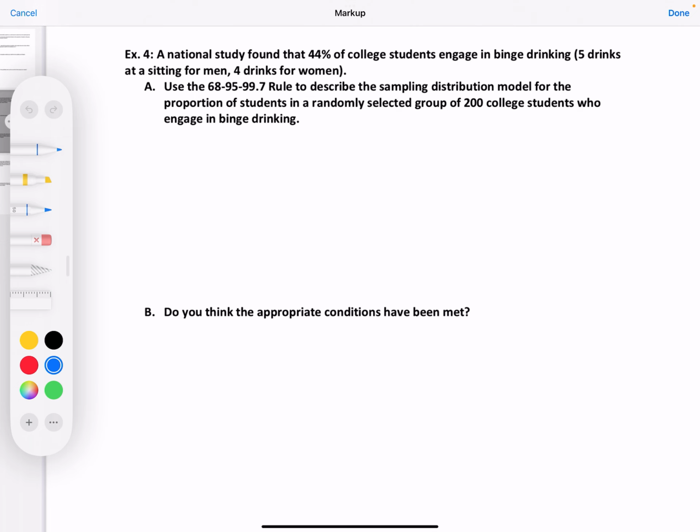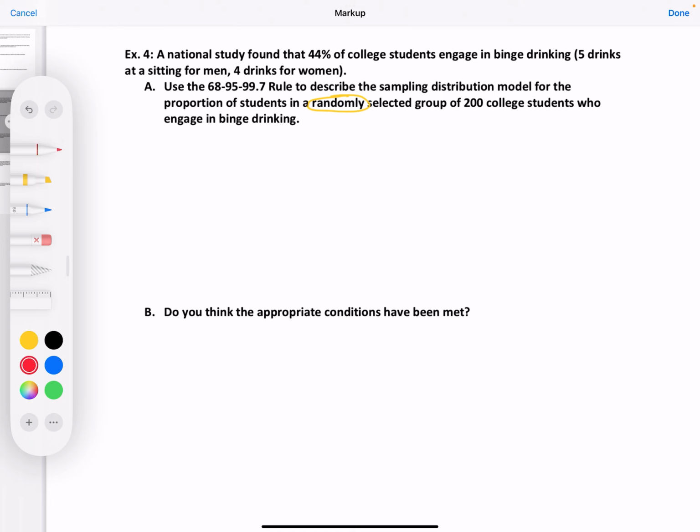All right. A national study found that 44% of college students engage in binge drinking, which is 5 drinks at a sitting for men, 4 for women. Use the 68, 95, 99.7 rule to describe the sampling distribution model for the proportion of students in a randomly selected group of 200 college students who engage in binge drinking. So, key here, it does say randomly selected.